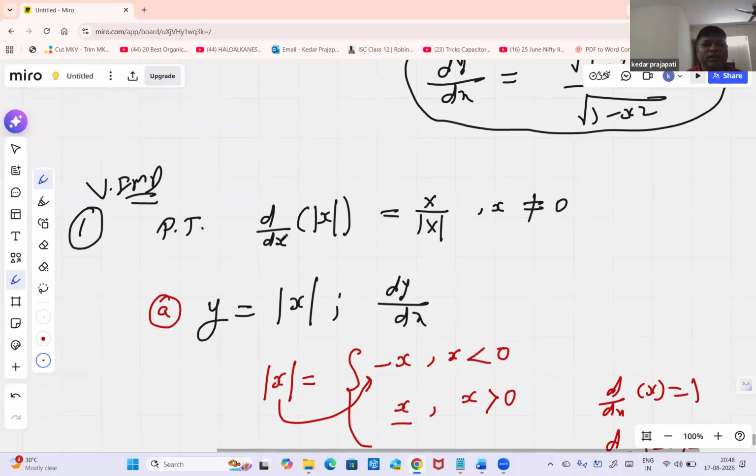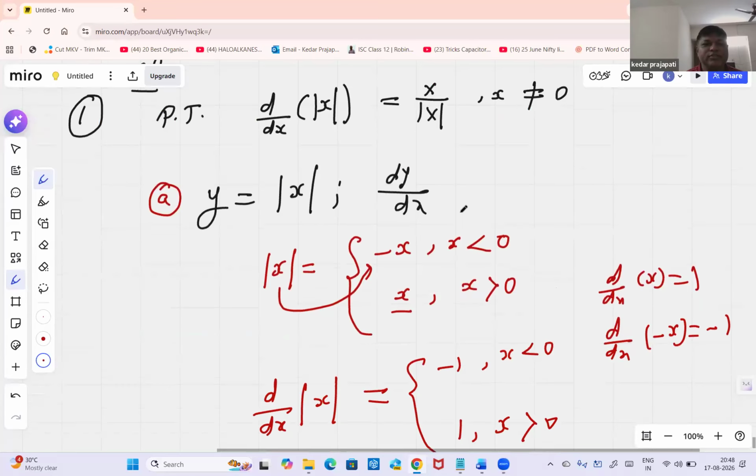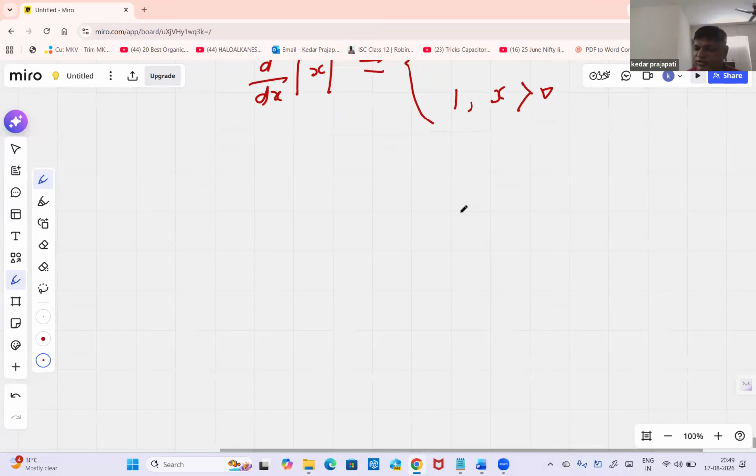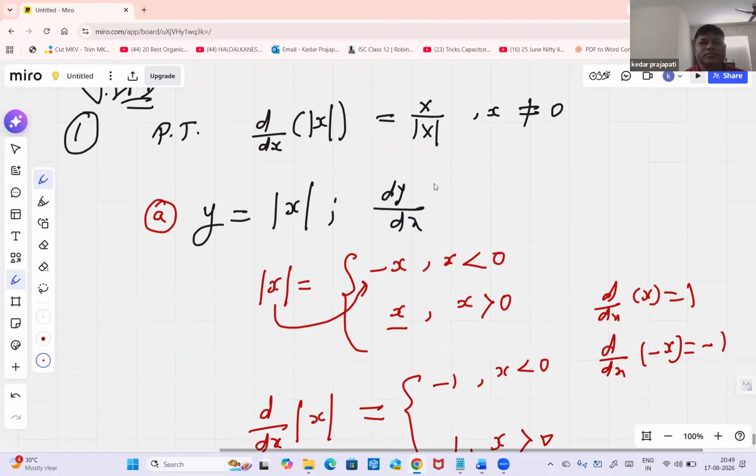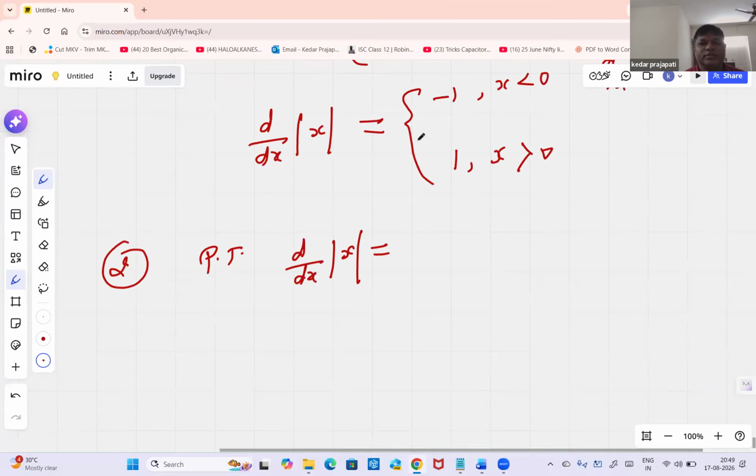Now we have to prove LHS equal to RHS. Now we'll solve the second question. What is it telling? Prove that d by dx of mod x is equal to x by mod x.